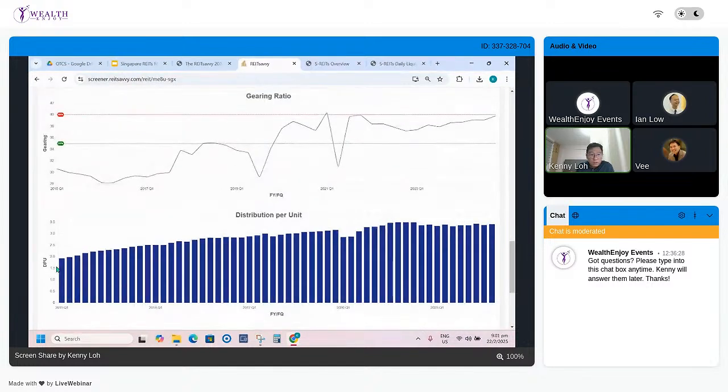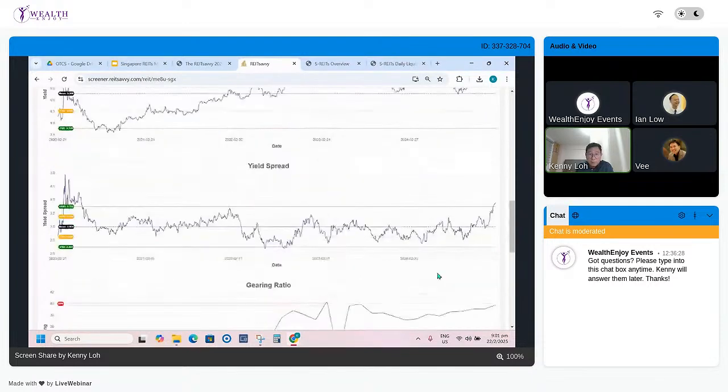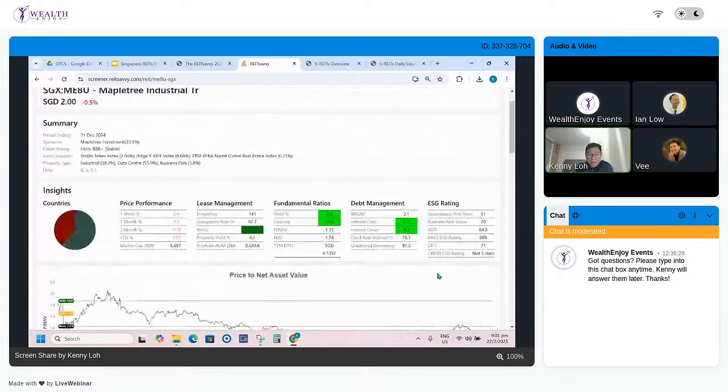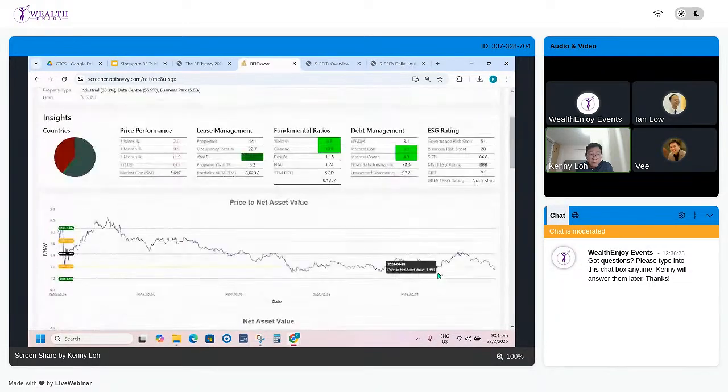If you look at it over the long term, Mapletree Industrial Trust is actually showing very good growth in the DPU trend. As a landlord, of course, you want increasing rental year over year, so they are really meeting the objective, right? But unfortunately, based on the chart itself, Mapletree Industrial Trust is trading close to the 5-year low.